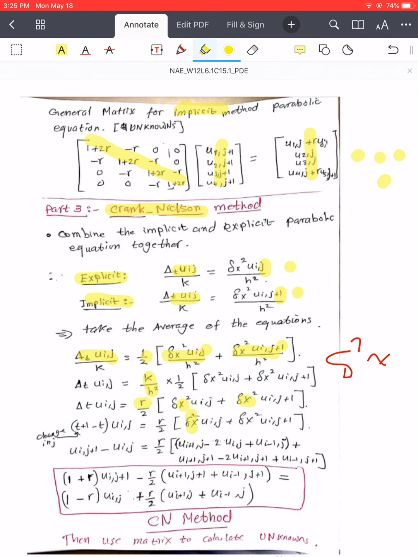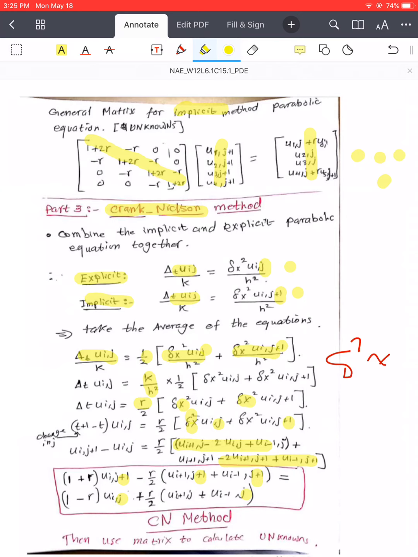When we apply this one, both are the same thing, but look here, this is J plus 1, this is J. So look here, this is the same as this one, but one of them is J, one of them is J plus 1. So now put J plus 1 on the left-hand side, and J plus 1 here, and put J on the right-hand side. So we have this system.